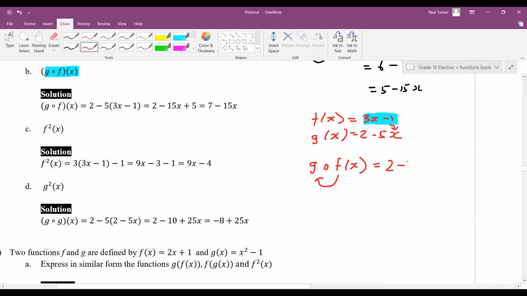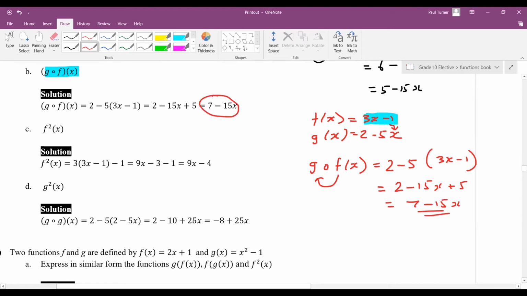So you have 2 minus 5 times (3x minus 1). So this is like your first input, putting it into the next function there. 2 minus 5 times 3x is 15x, plus 5, so 7 minus 15x here.